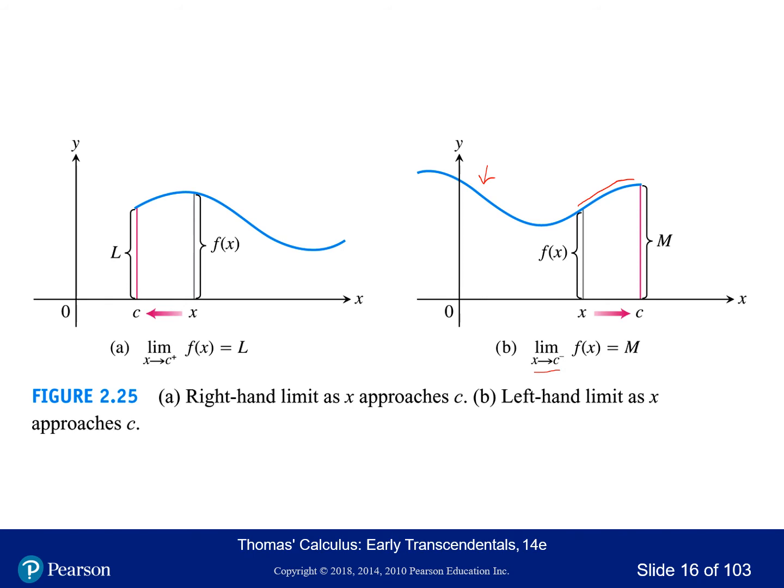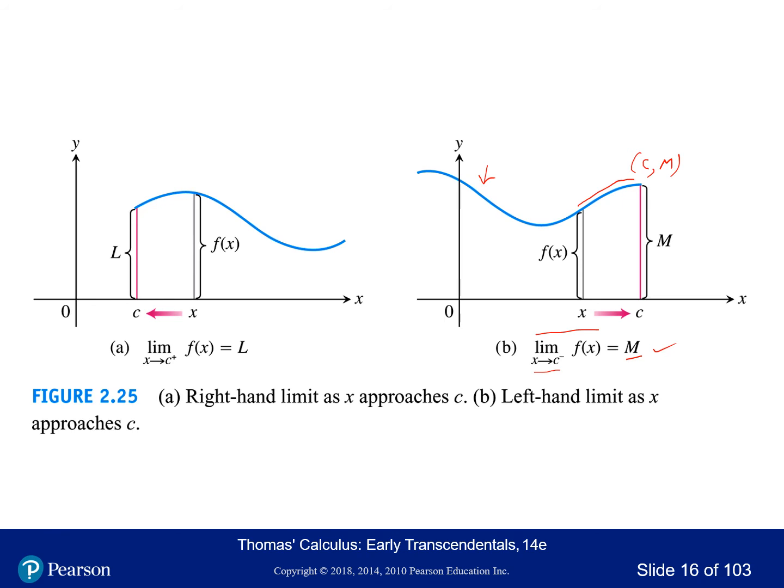So the point is c comma m, in this corner right here. Since its y value is equal to m, the limit of f of x as x approaches c from the left is equal to m.